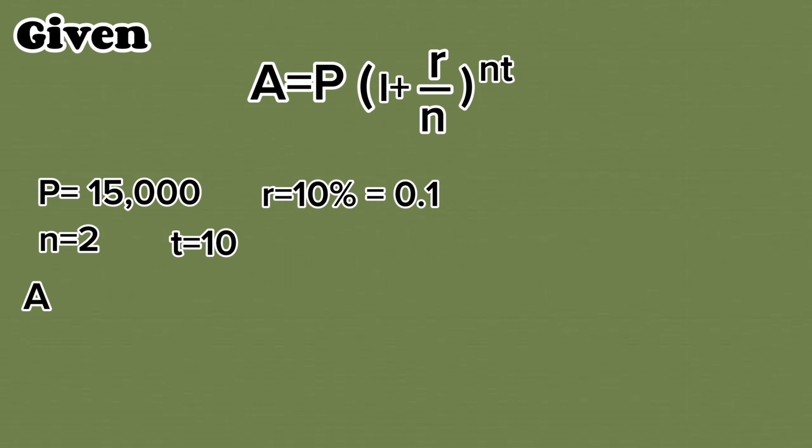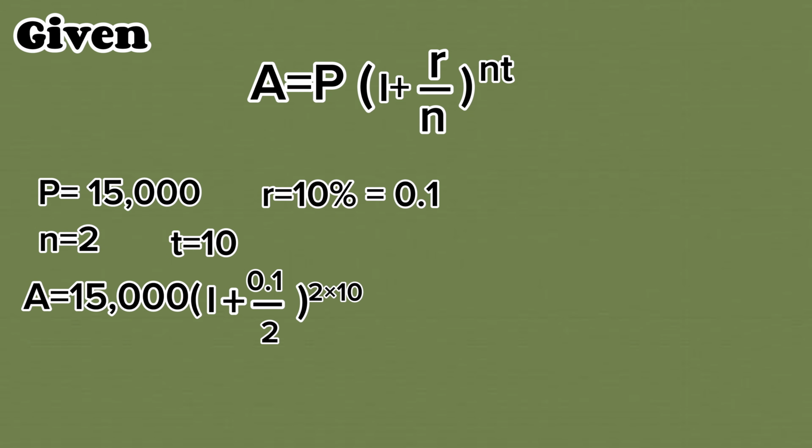And our A equals 15,000 (1 plus R, which is 0.1 divided by N, which is 2), and then raised to the power of 2 times 10. And then we copy again the 15,000, 1 plus 0.1 divided by 2.